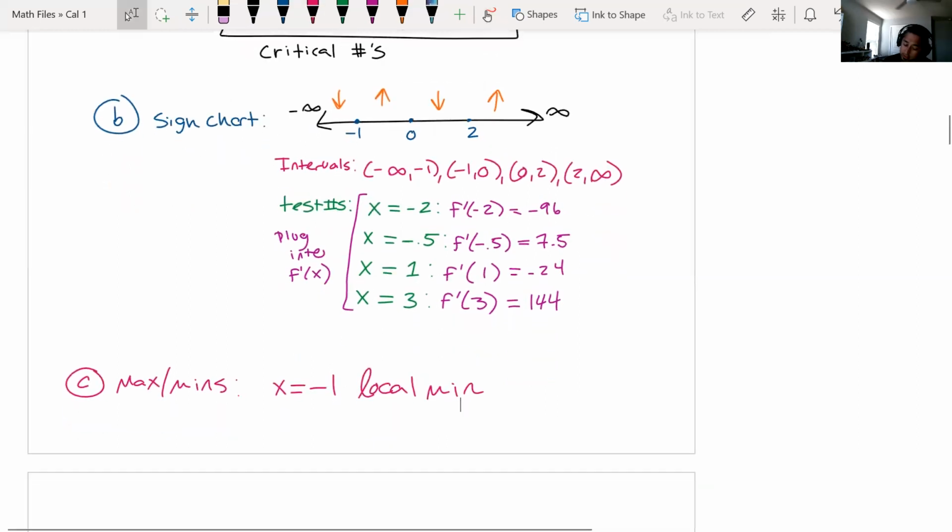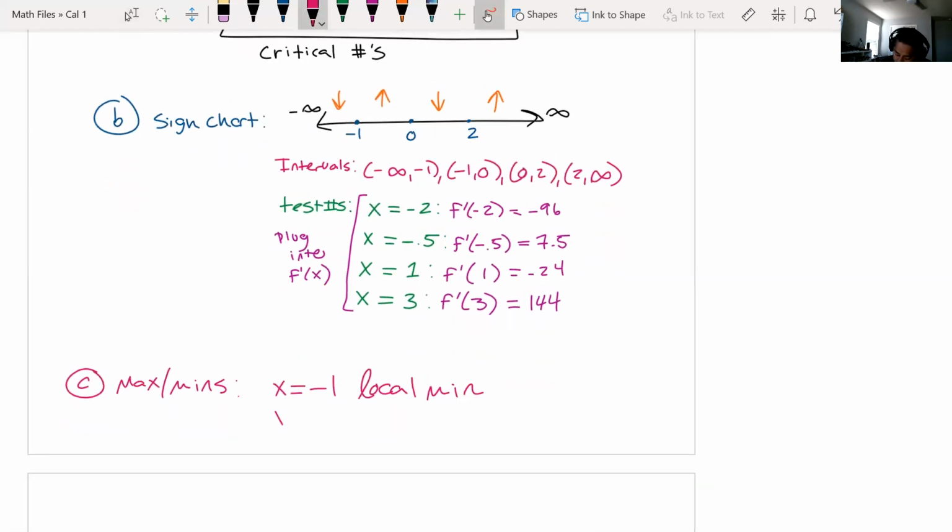And then look at our next critical number. At 0, we increase and then we decrease. So 0 will be a local what?